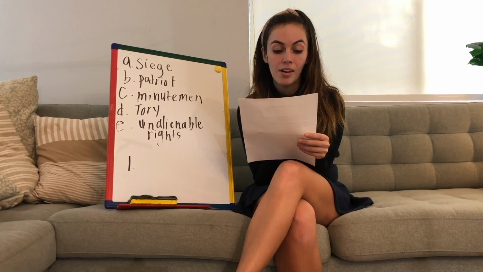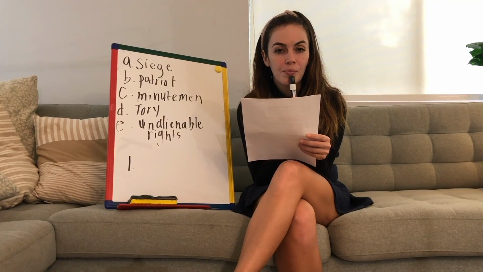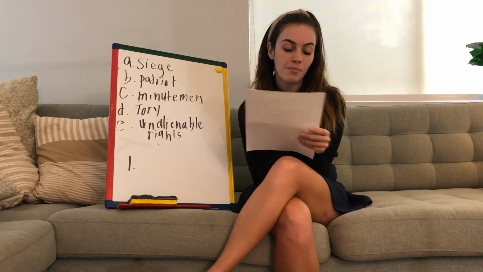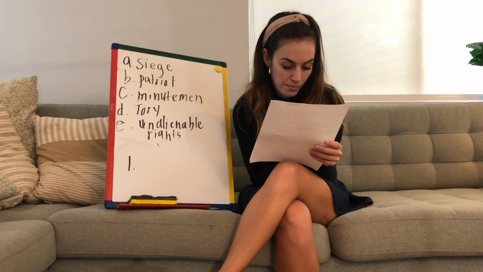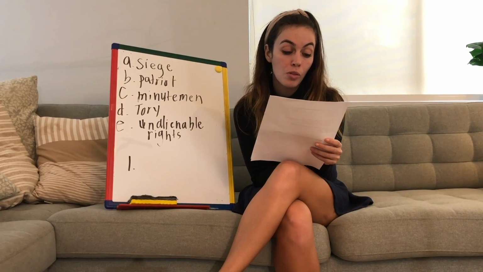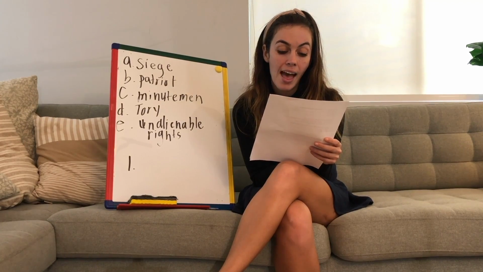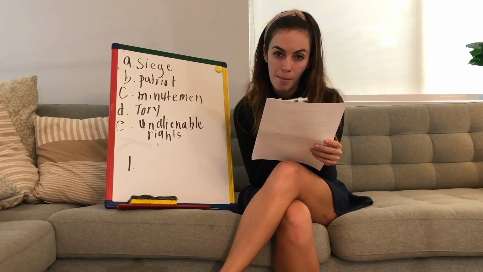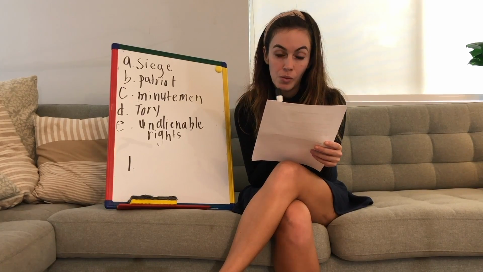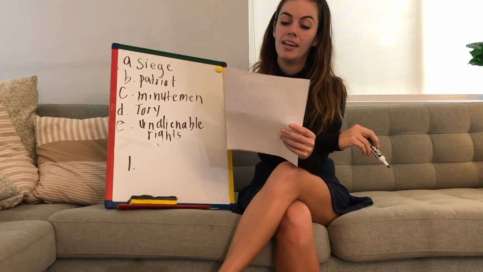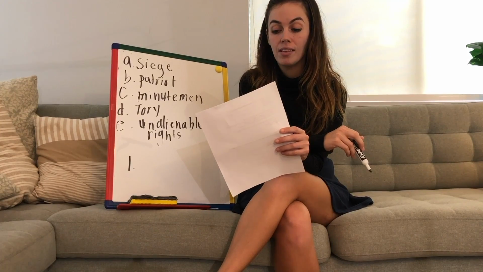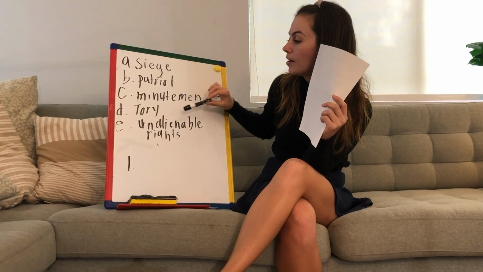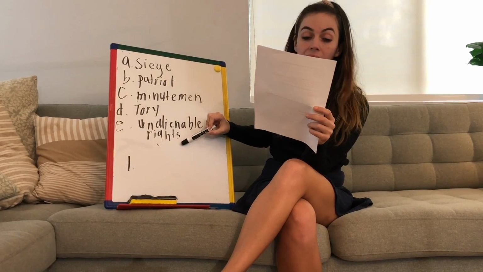So you're just going to write either A, B, C, D, or E. Okay, number 2: basic principles that everyone is entitled to: life, liberty, and the pursuit of happiness. Is that siege, patriot, Minutemen, Tory, or unalienable rights?